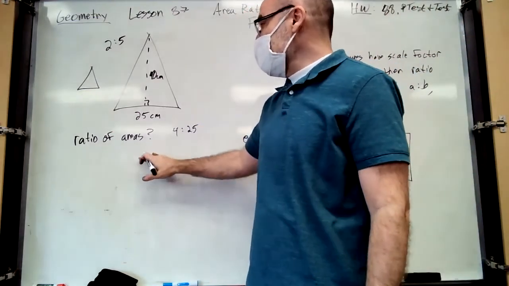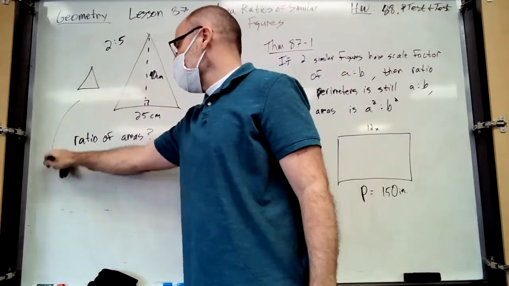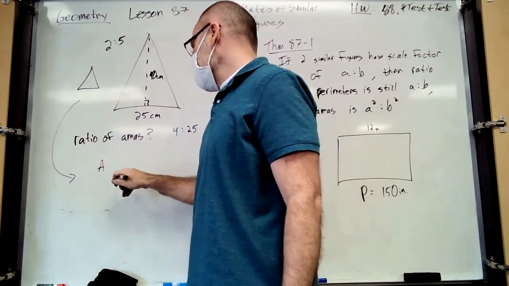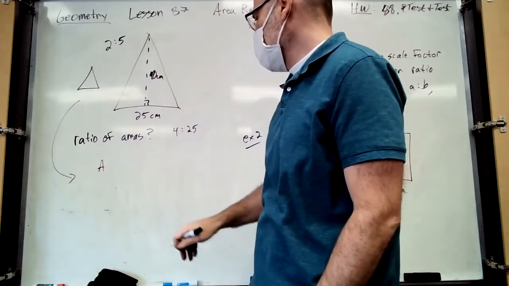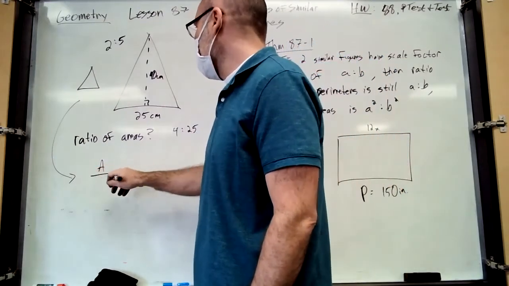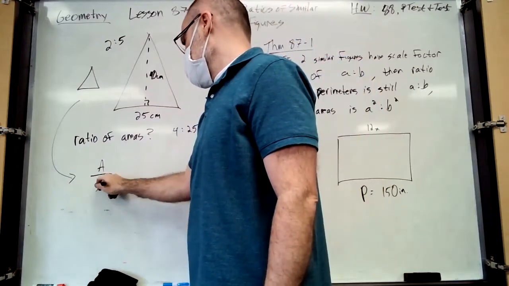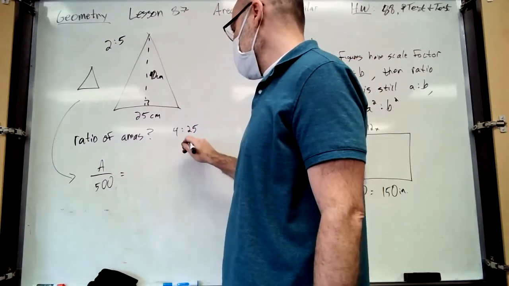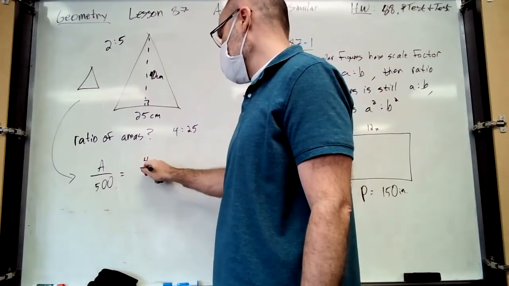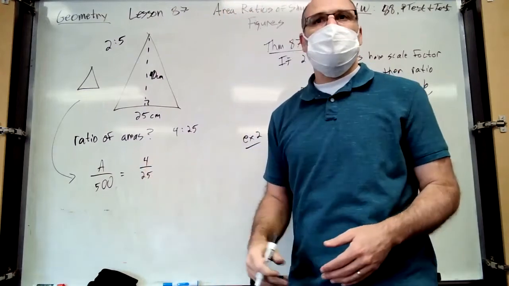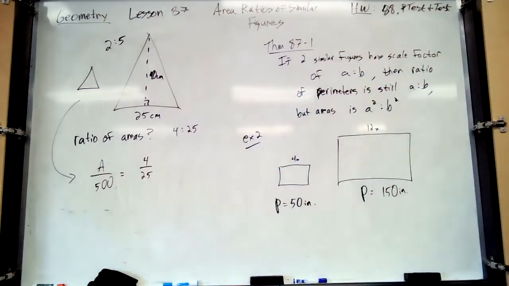So to find the area of this triangle, that is going to be a little weird. The area of the little triangle over 500 has to be proportionate to this 4 to 25.